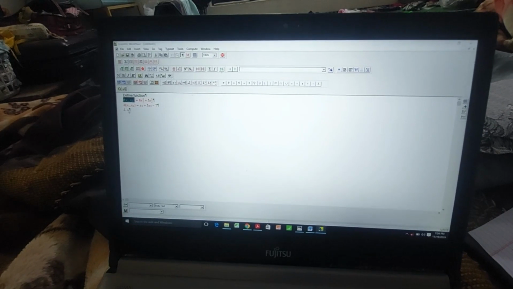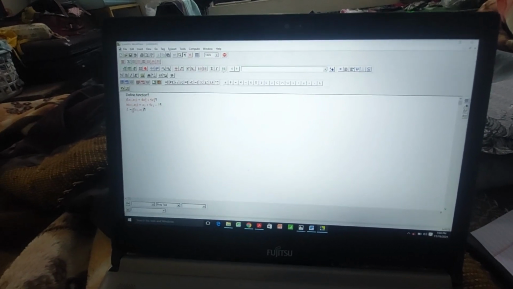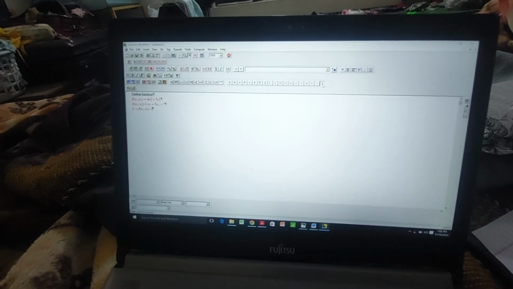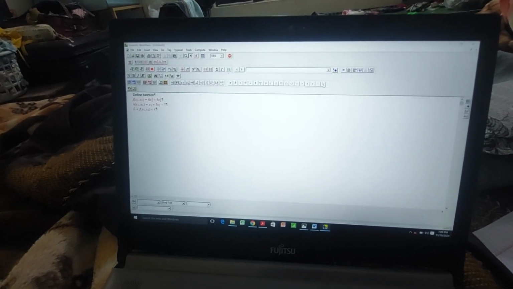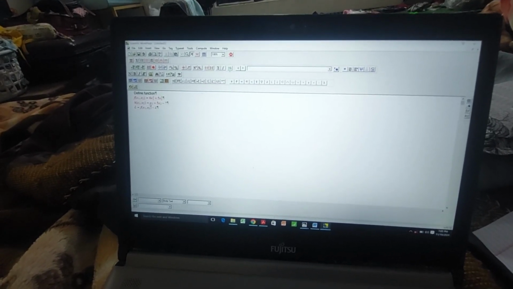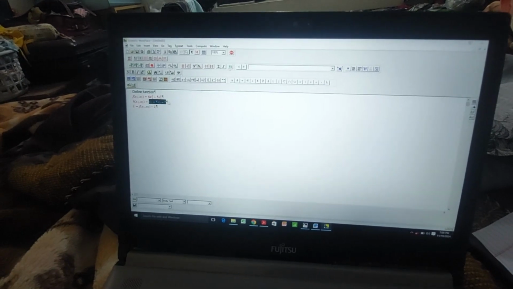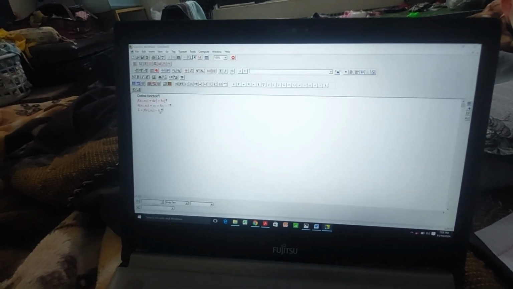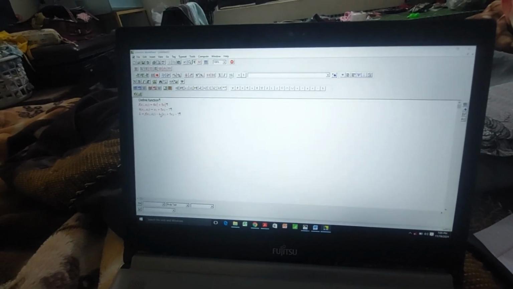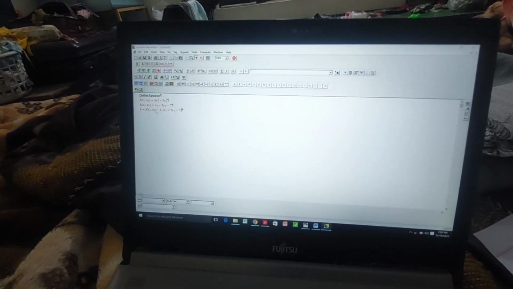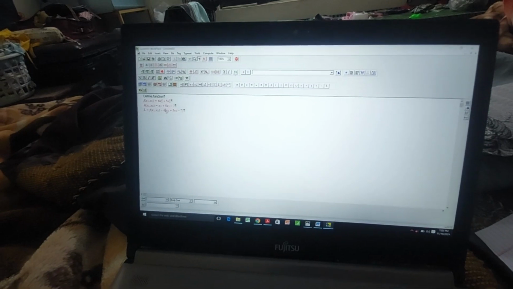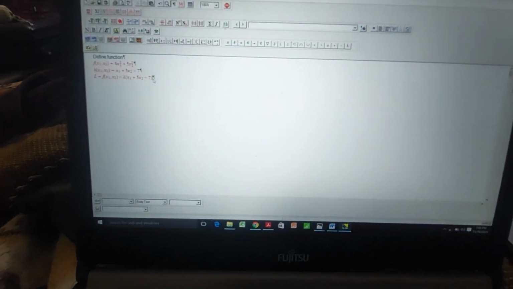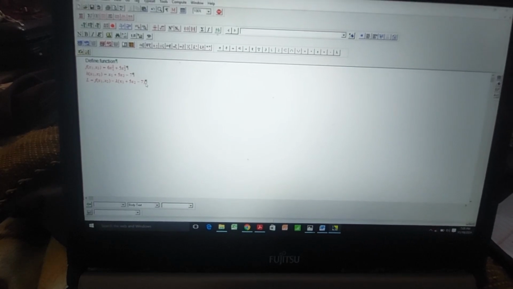I will Control C, Control V, minus lambda into the constraint. Lambda into the constraint. Now this is the Lagrangian function being introduced.